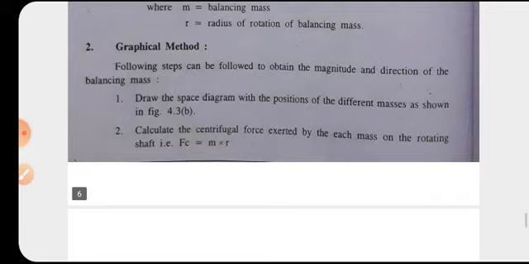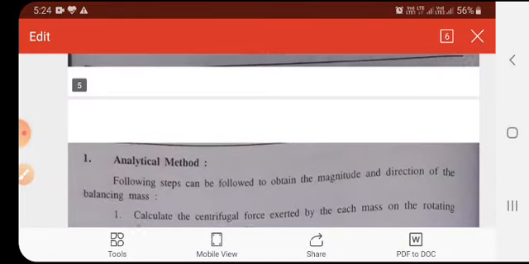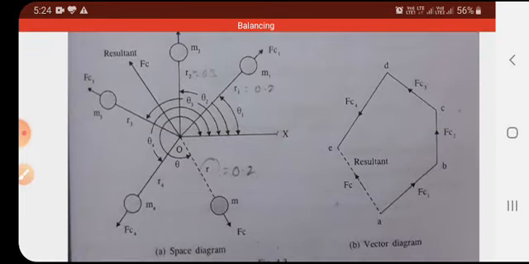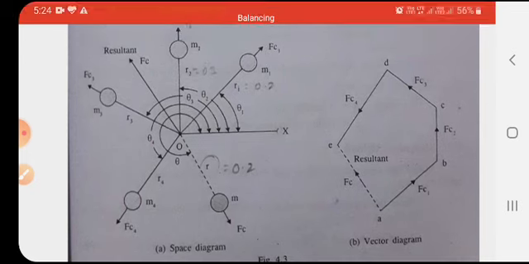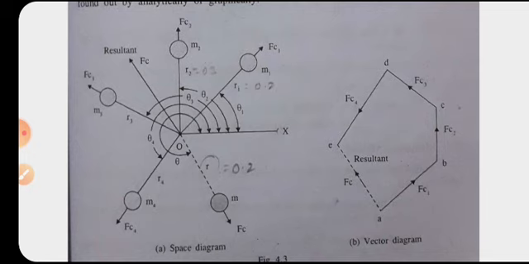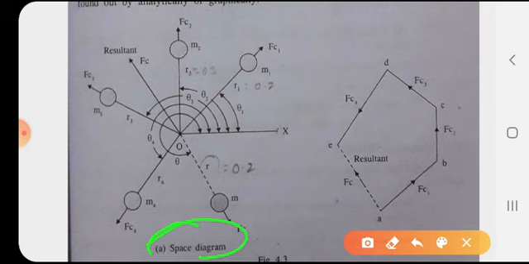That is the vector diagram, and this is the space diagram with the positions of the different masses m1, m2, m3 as shown in the figure. In this position we calculate the centrifugal force exerted by each mass on the rotating shaft, that is Fc equal to m r.